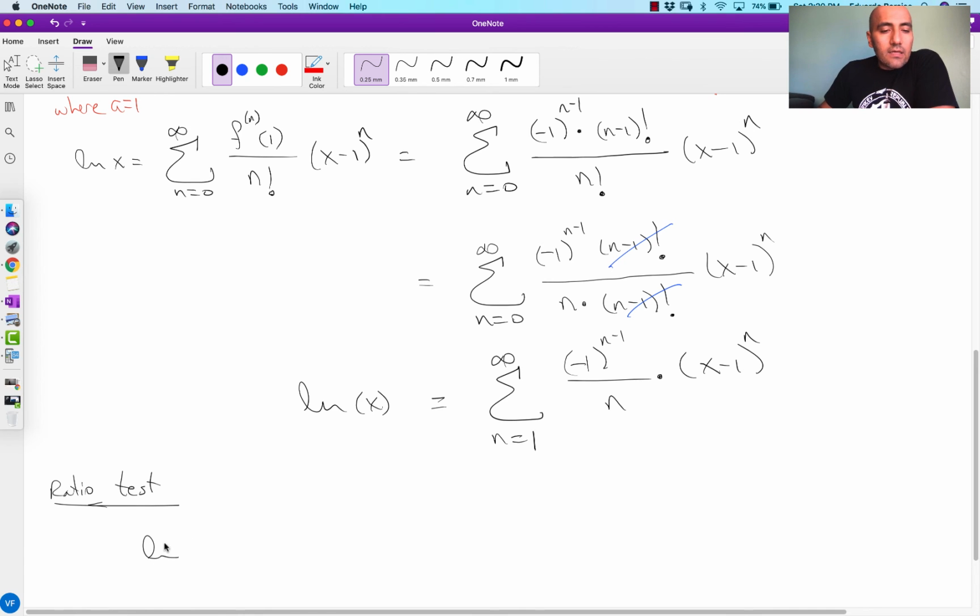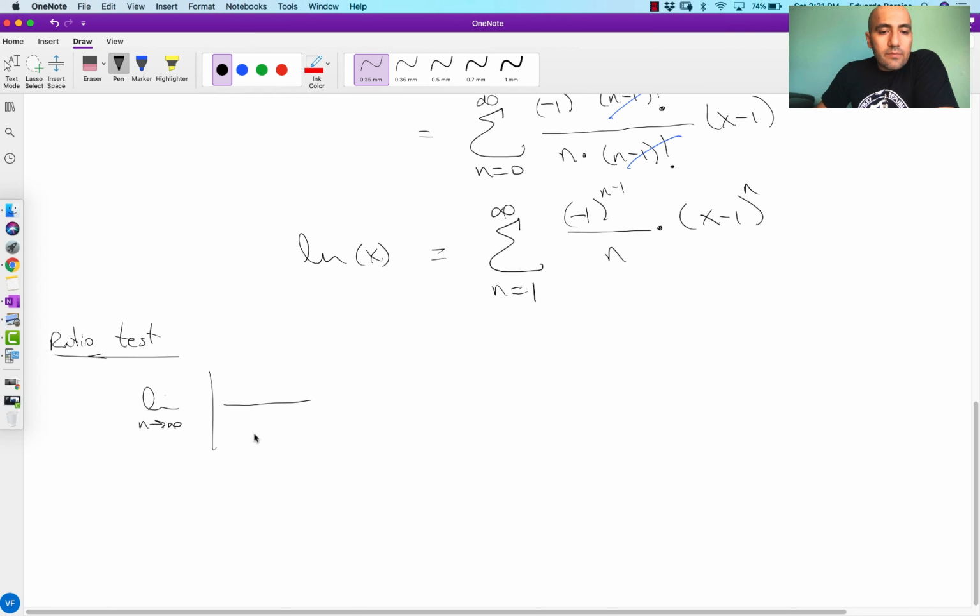We're going to figure out the limit as n goes to infinity of the absolute value of, okay, I'm going to copy that thing. That's going to be a little fraction down in here, with negative 1 to the power of n minus 1, and then (x minus 1) to the power of n, all over n in the denominator. That's going to be my a sub n. Now in the numerator, we do the same thing, but with n plus 1.